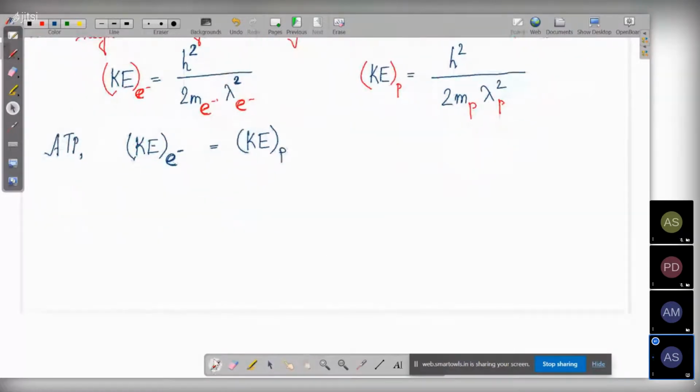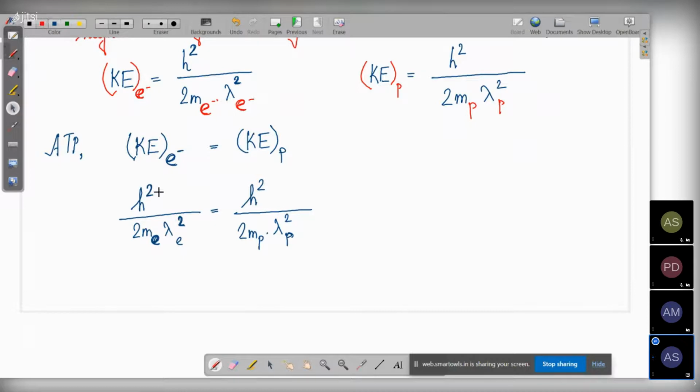Let's see what we get from here. Write h square divided by 2 m e lambda e square, that is equal to h square divided by 2 m p lambda p square.